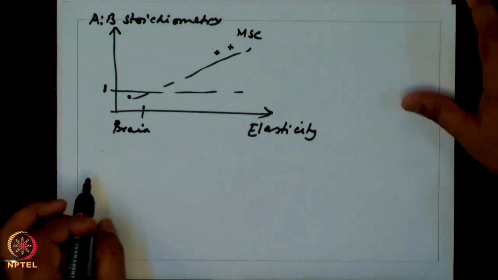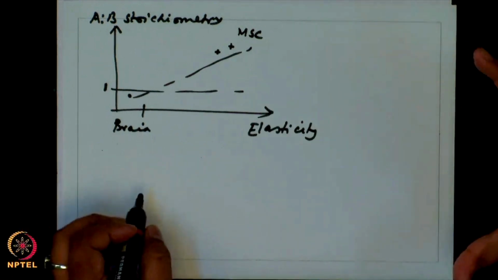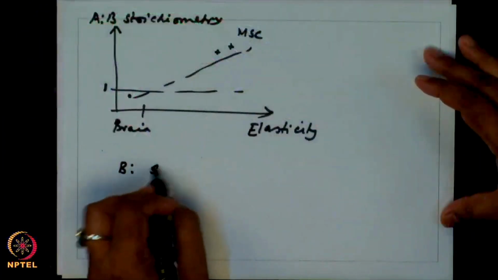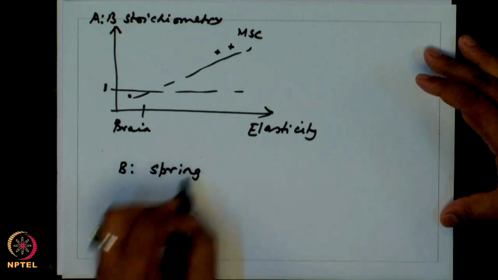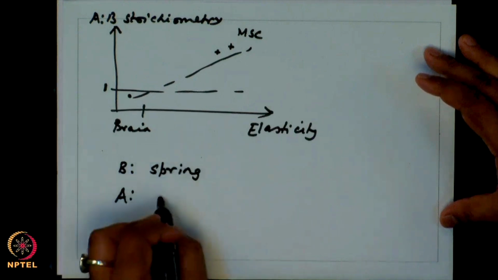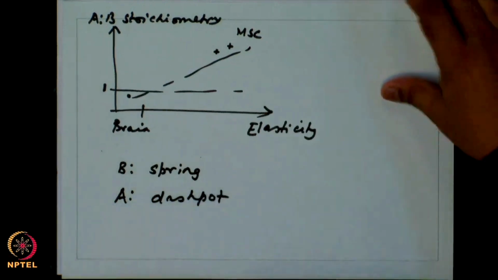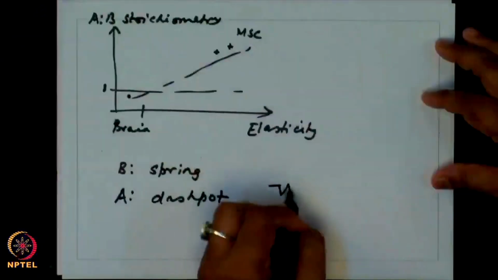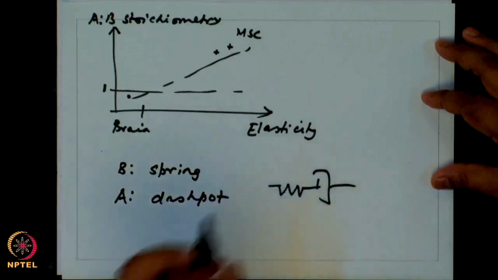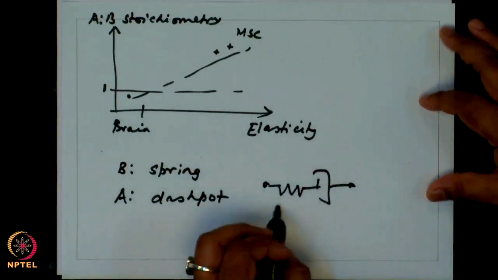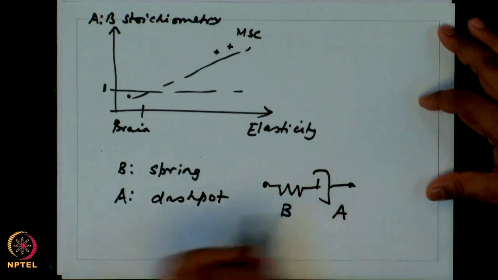Now, mechanically, A and B operate as different entities. Lamin B operates like a spring, and lamin A operates like a dashpot, or a viscous object. Collectively it is expressed as this, where this is your B response and this is the A response.